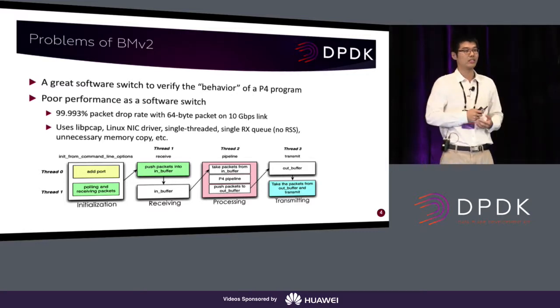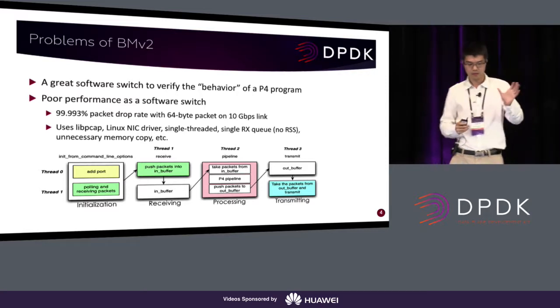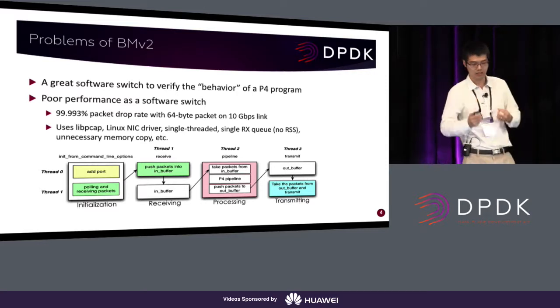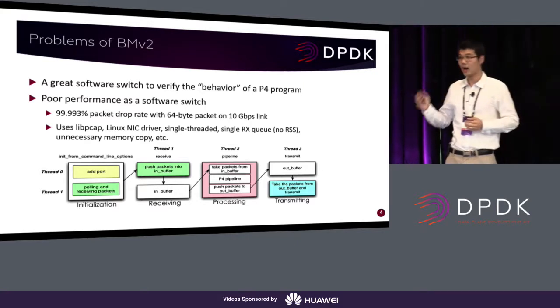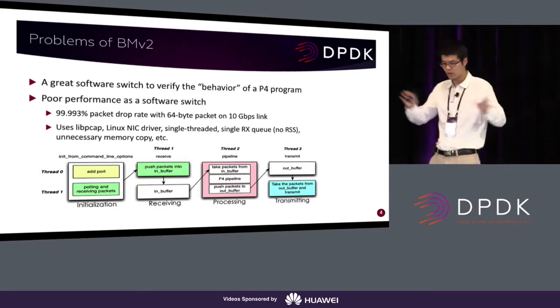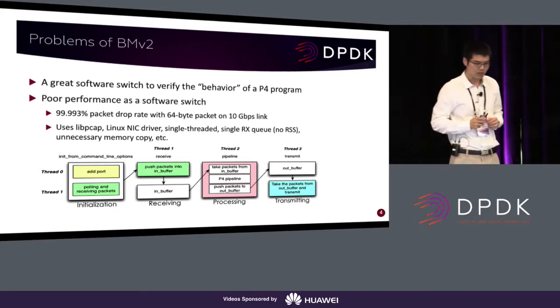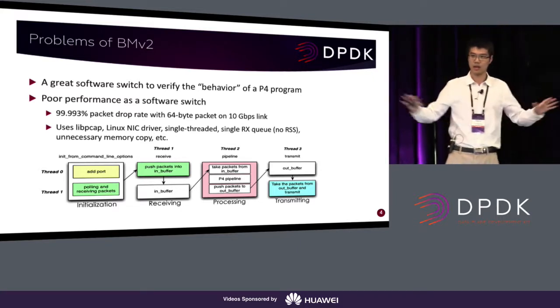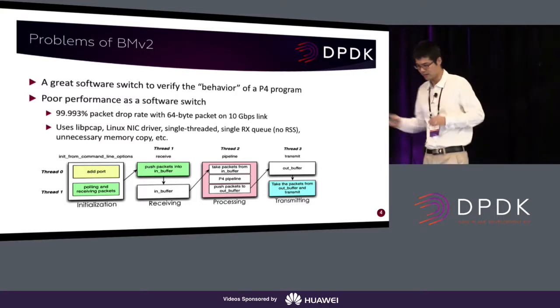And also the Linux NIC driver on the receiving side. Also, it only supports single-threaded processing, no multiple RxQs. That means no RSS support. Also, there are all kinds of unnecessary memory copies all over the place in the code base.